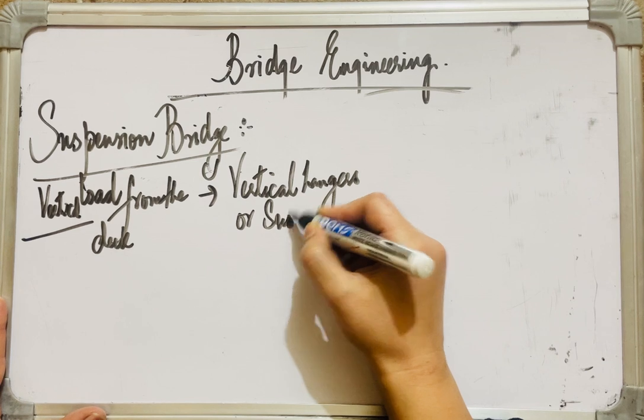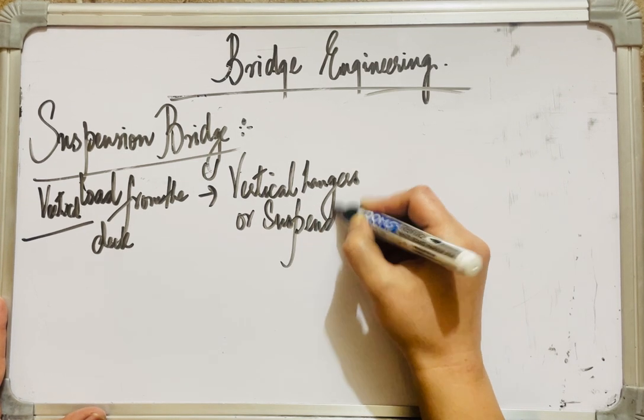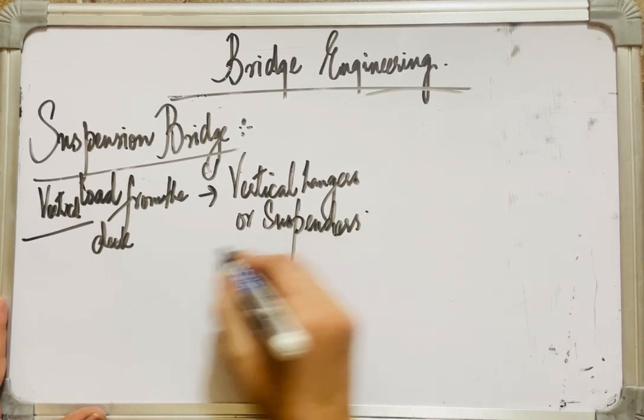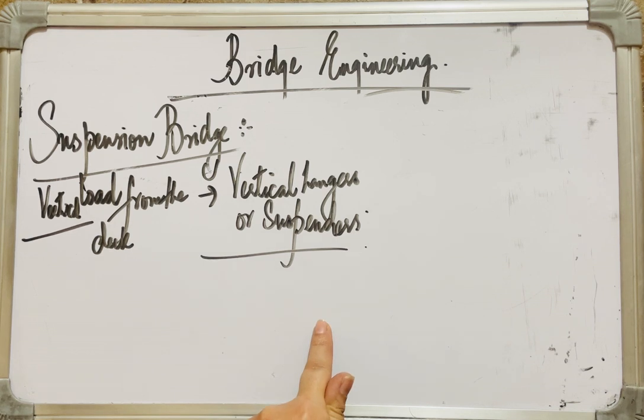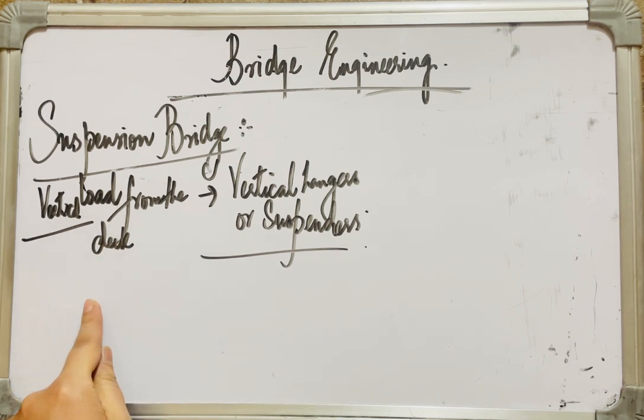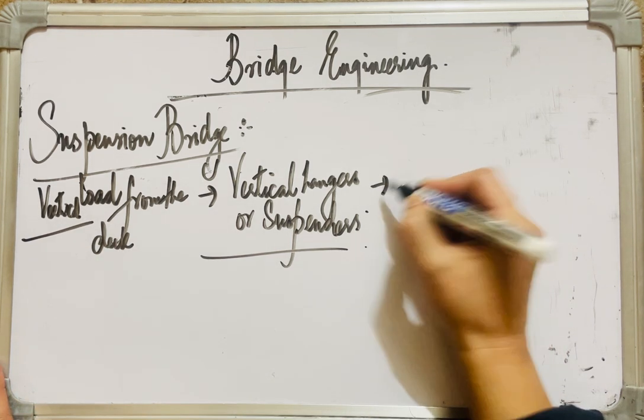Though they are usually vertical, some bridges have also used inclined suspenders or hangers. So the hangers transfer the load from the deck to the main cable.